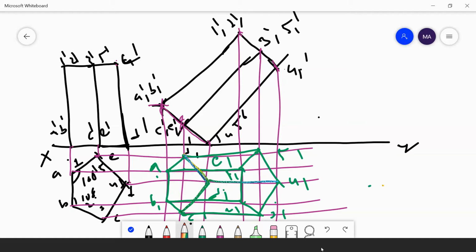Okay, these lines are hidden lines. Understand? And the remaining green part is the visible part, which will be visible. This part is your visible part. Understand? This part is your visible part.